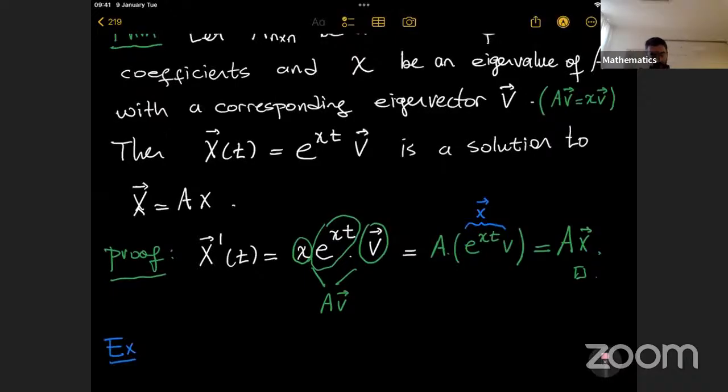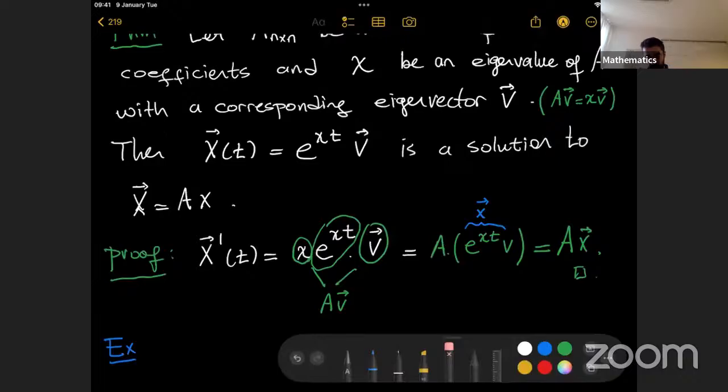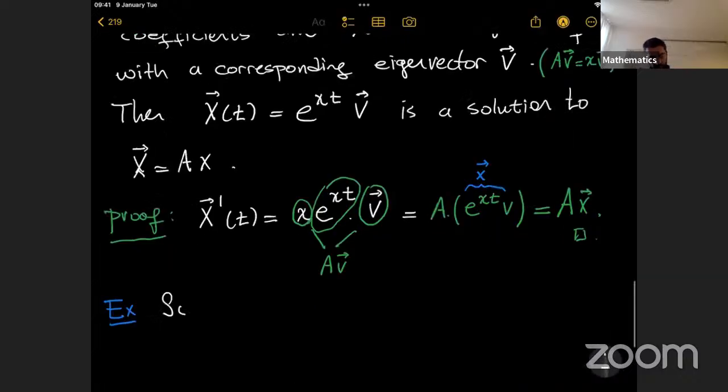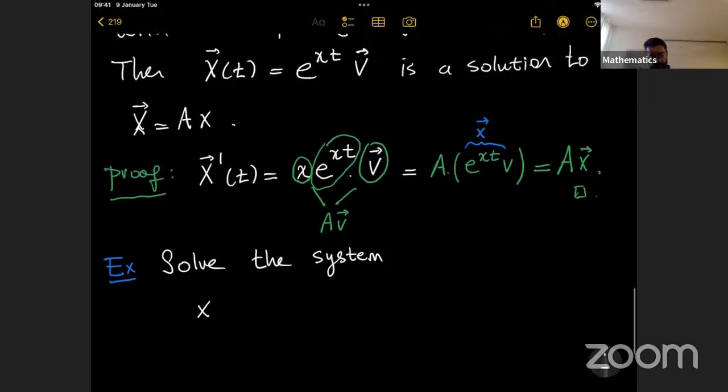All right, let's do one example and you will understand this better. So let's solve the system: x1 prime is equal to 2 times x1 plus x2, x2 prime is equal to x1 plus 2x2.